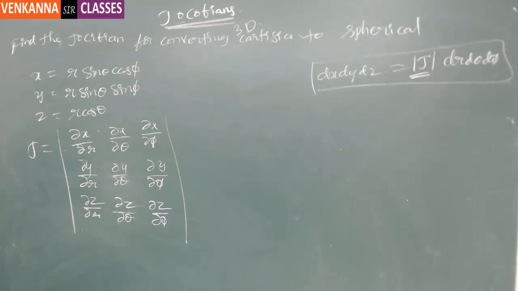Okay, so anybody else? I hope you will be able to do that. So these are straightforward procedures. You just need to do the derivatives and find the determinant. That's it.